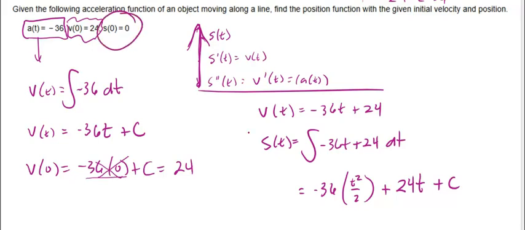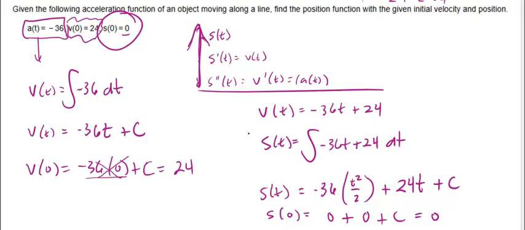And now I can use my last bit of information. Good thing they're making these easy for us. S of 0 equals 0. So I think that says that would be gone. That would be gone, making c output 0. Okay, so that means this c is 0. Maybe we should be a little more careful.